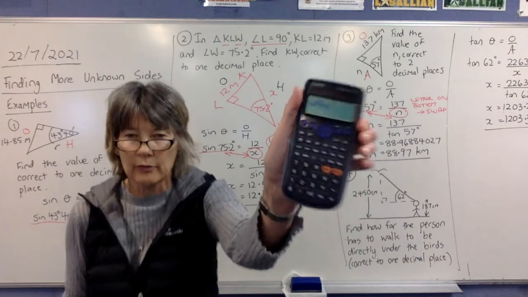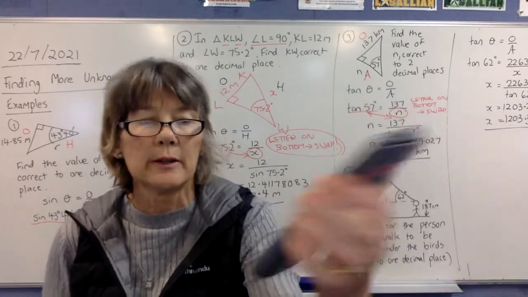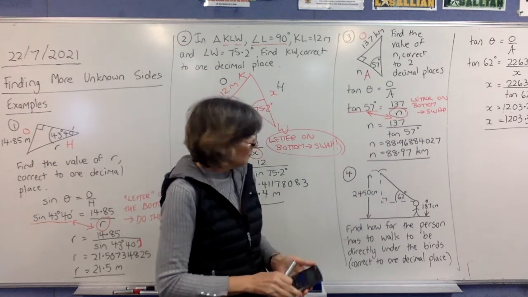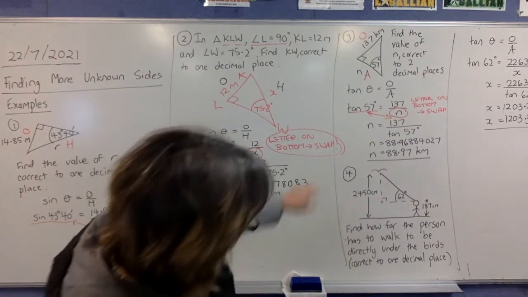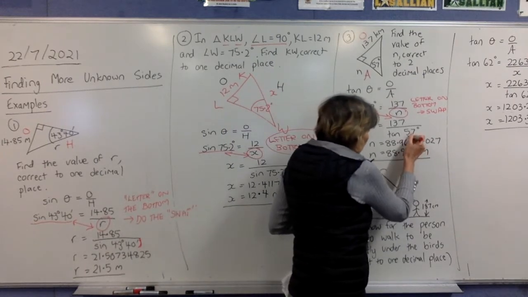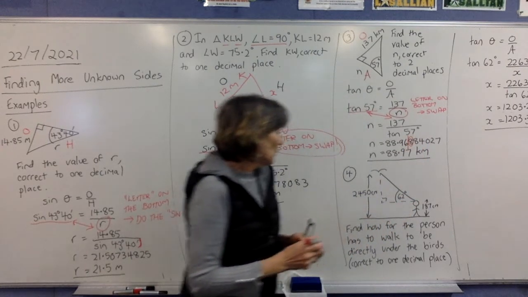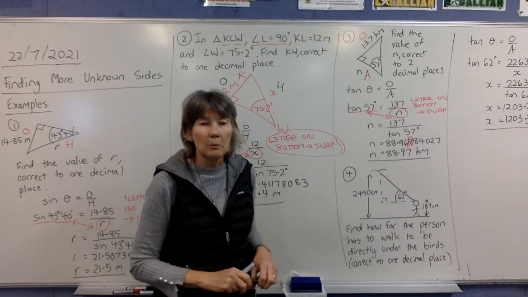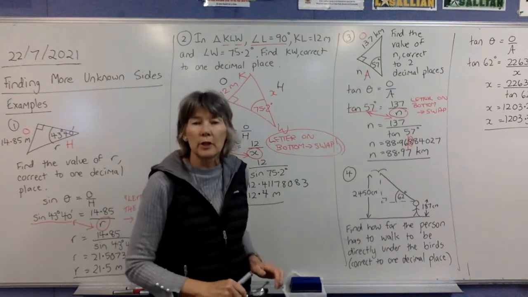Close your bracket off. Should look like that when you enter it. Press equals. That should give you that answer there. This time we're rounding off to 2 decimal places, and we've done that. 88.97 kilometres.